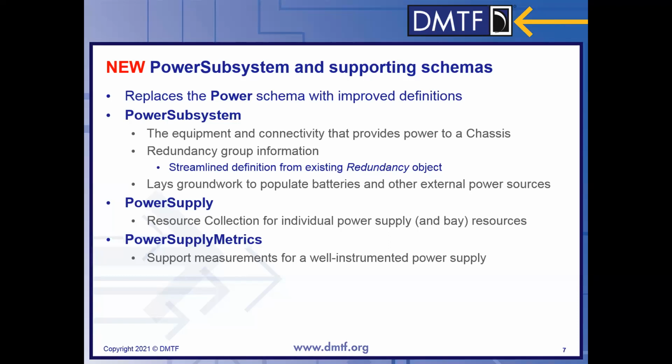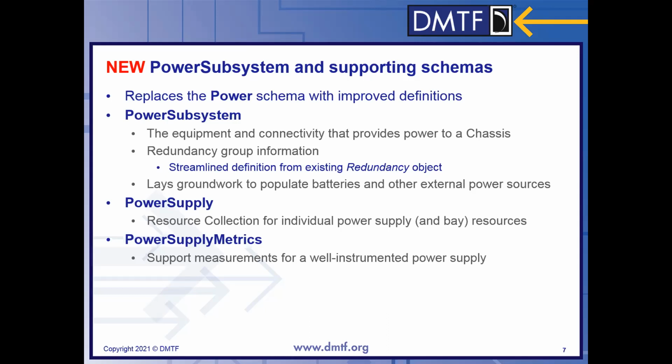The good news is that within those new schemas, the actual property level definitions are mostly just copied unchanged from the previous power schema. So, under power supply, there's a part number, there's a serial number. Those are all named the same. There were only a few cases where definitions had either been poorly named or defined, or things that we had to leverage and be consistent with work we had done in the PDU models and the circuit model.